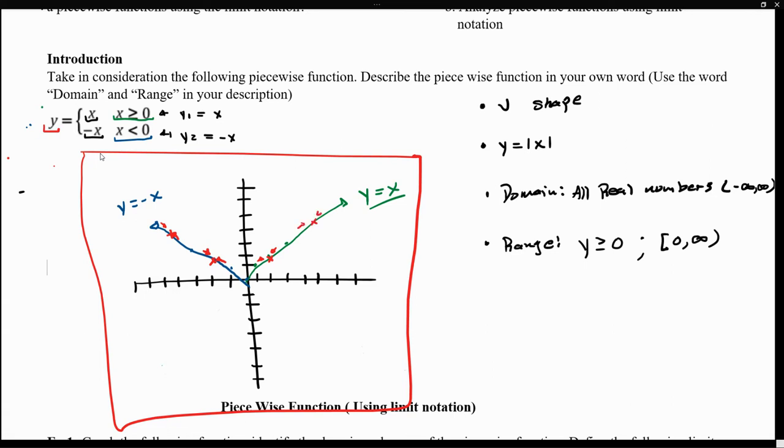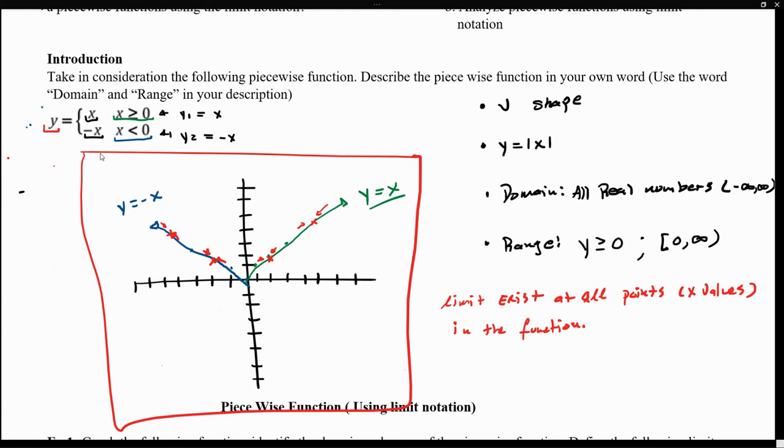So in this function, the limit exists at all points, and by all points I mean all x values in the function. Choose any value in this piecewise function, and the limit will always exist because we will always be approaching the same value from the left or from the right.